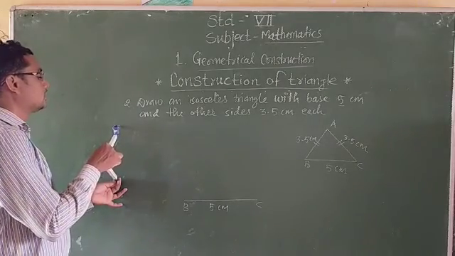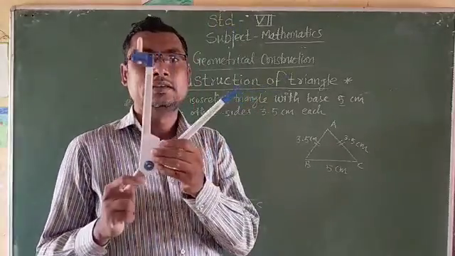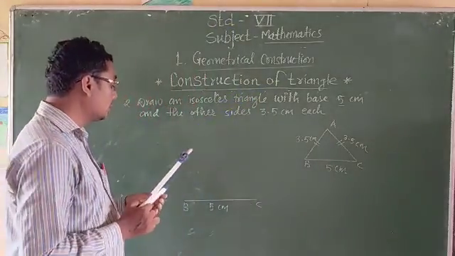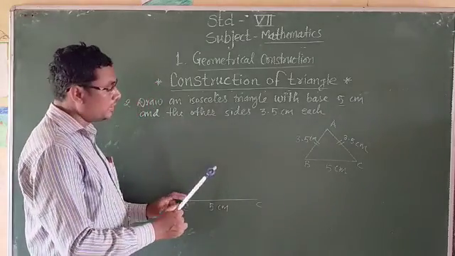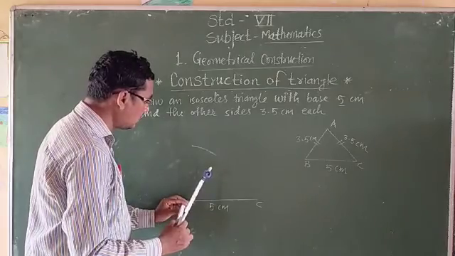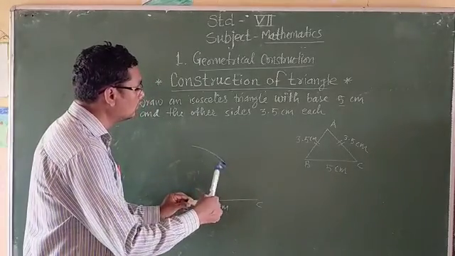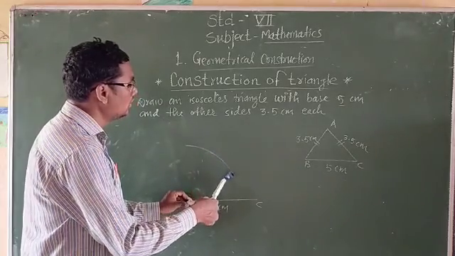Outside you have to take the distance. This arc is of length 3.5 centimeter. Put the pointer on the point B and mark the arc of 3.5.